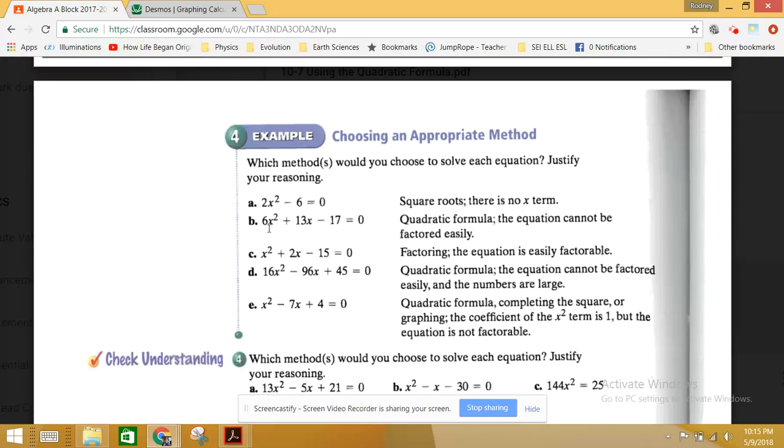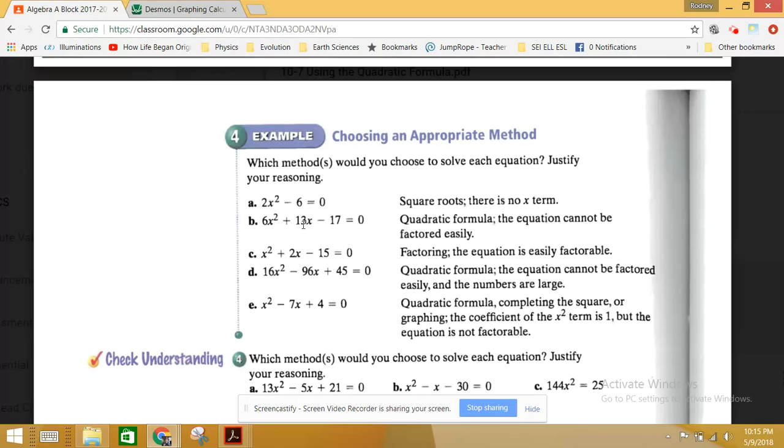This next one has pretty ugly coefficients. You got 6x squared plus 13x minus 17. This is not going to be a factorable one. Maybe it's factorable, but I don't think so.